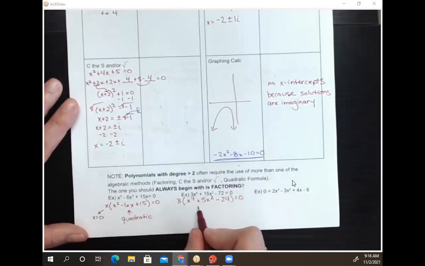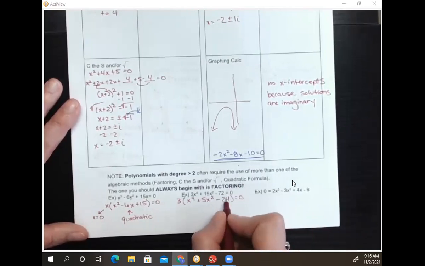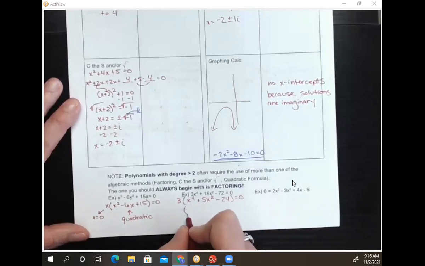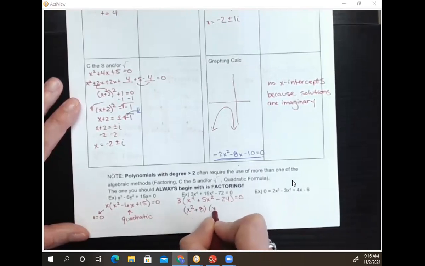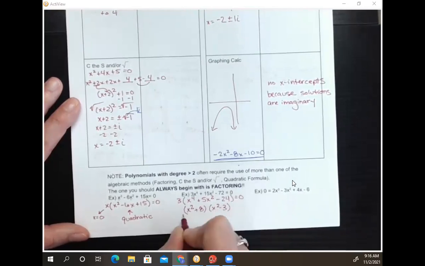And now I can factor this. Can't use complete the square, can't use quadratic formula because it's got a degree of 4, but I could factor this. Factors of -24 that would add to 5, that would be 8 and -3. So this would factor as (x squared plus 8)(x squared minus 3).